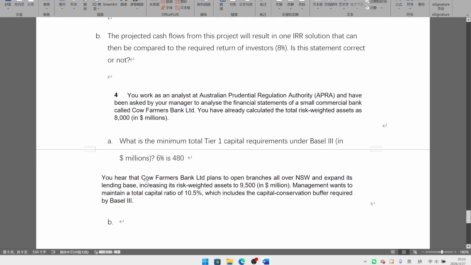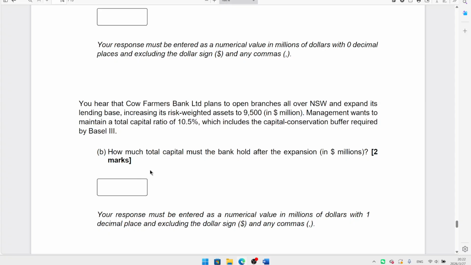A bank plans to open branches and expand lending. As risk management, they want to maintain a total capital ratio. What should the capital buffer requirement be? The conservation buffer is right. How much total capital must it hold after expansion?